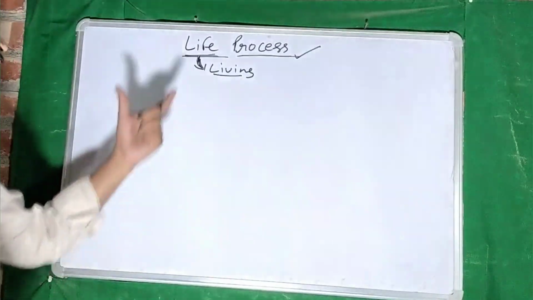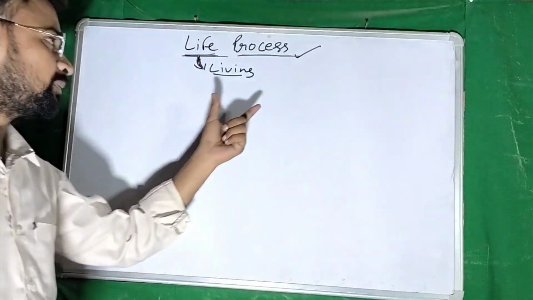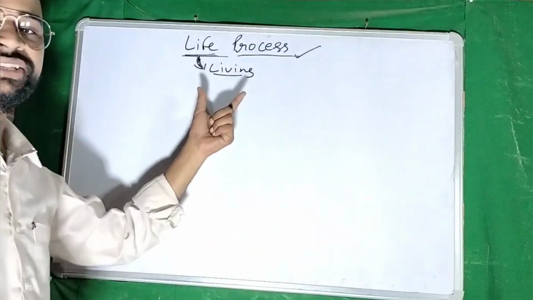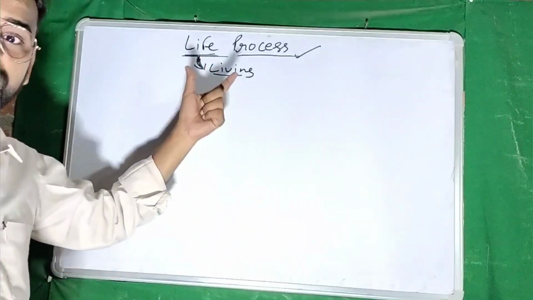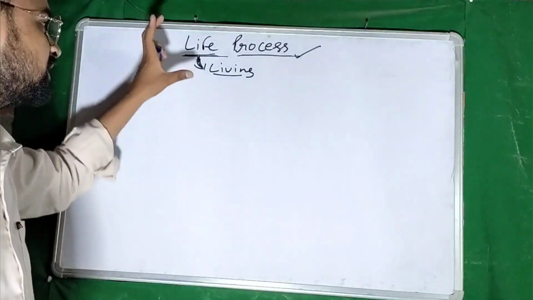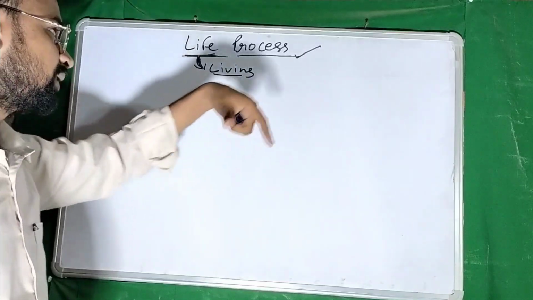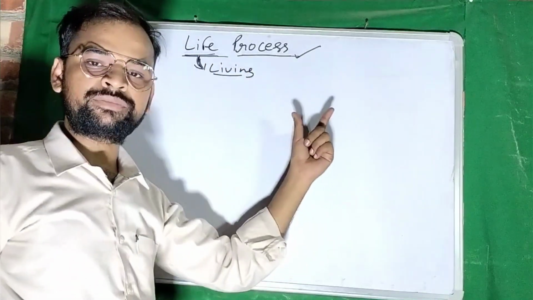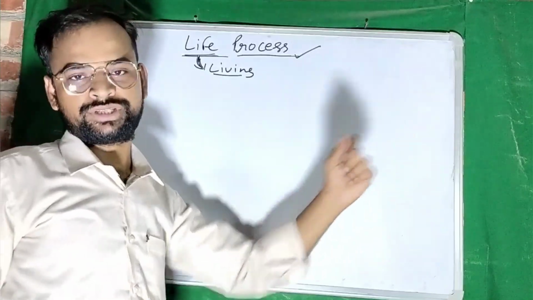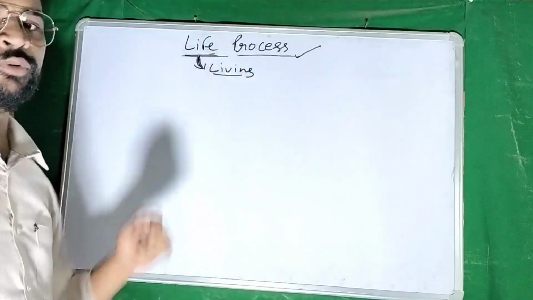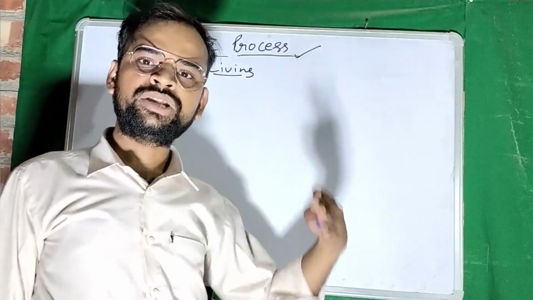So whenever we are talking about life process, we only have to discuss living organisms. The process which is performed by living organisms for their survival is known as life process. Before we discuss life process, we should know about living and non-living.